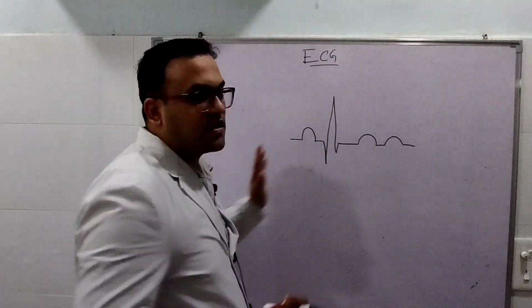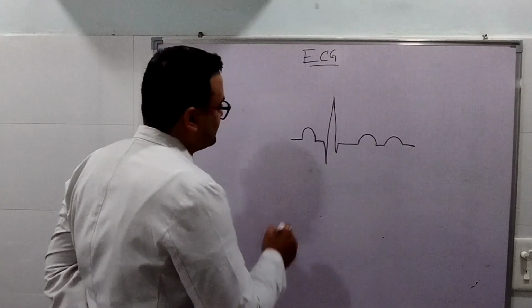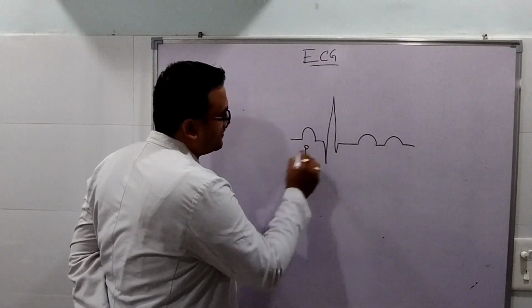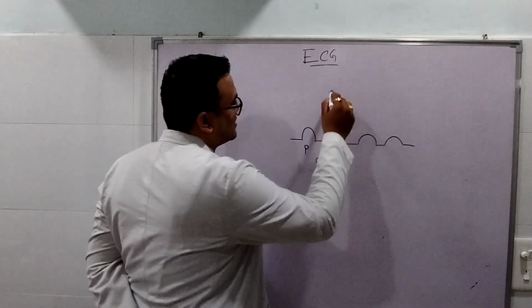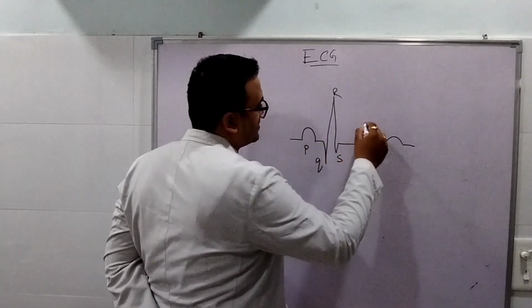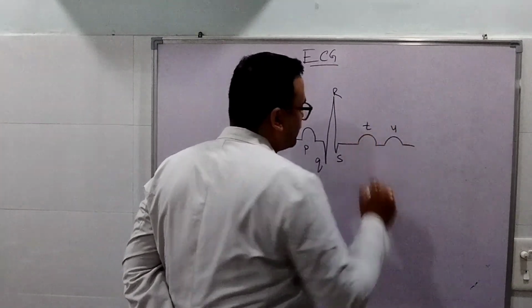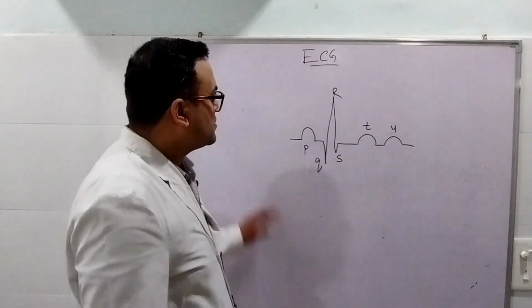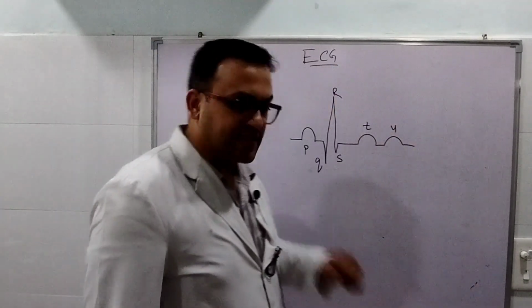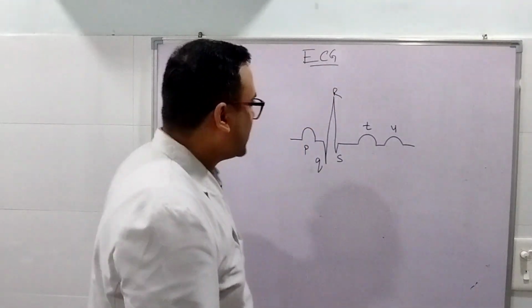So this is a normal ECG. We can see there is a P wave, there is a Q wave, there is an R, S, T and U waves. So this is the normal ECG which we see. Okay.